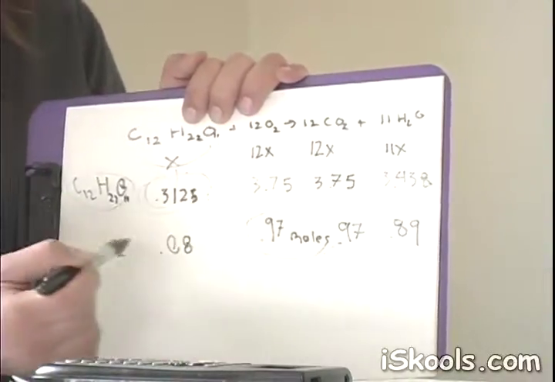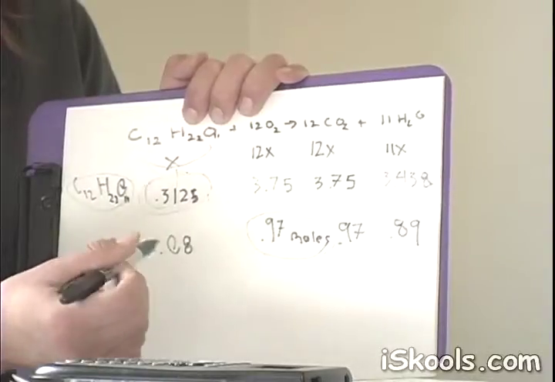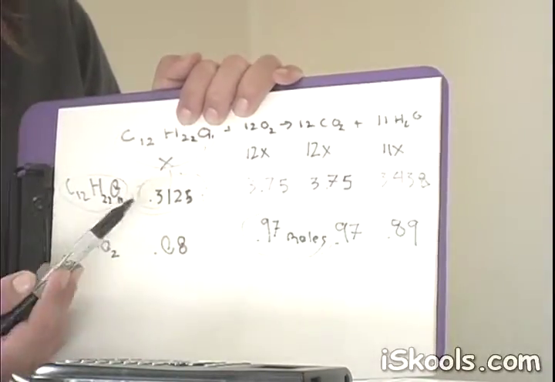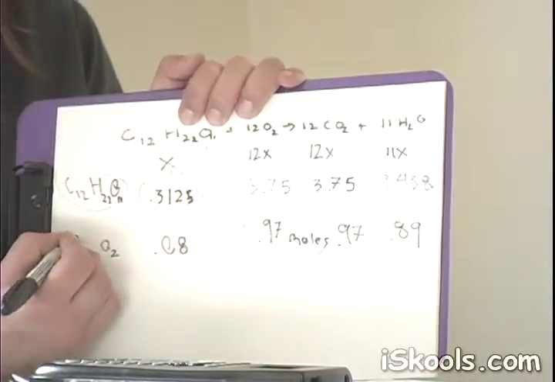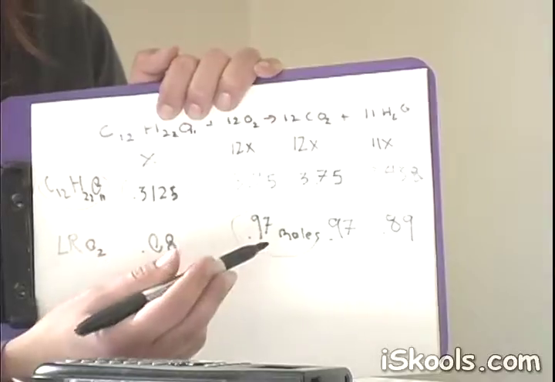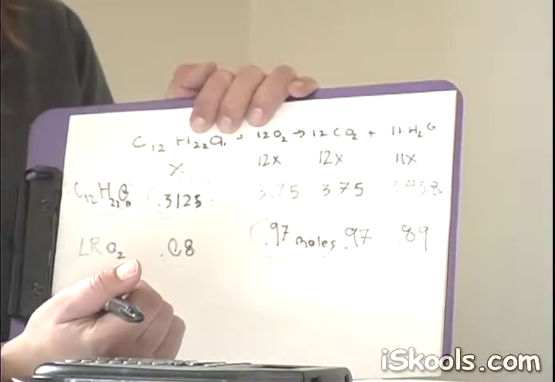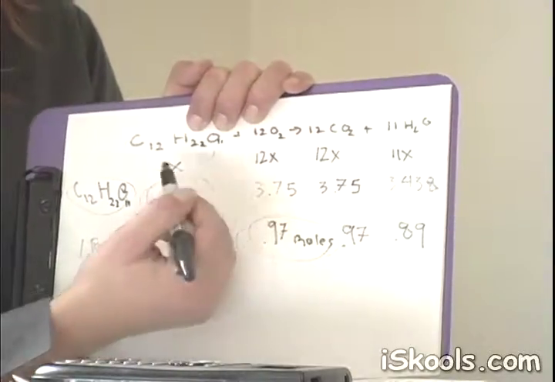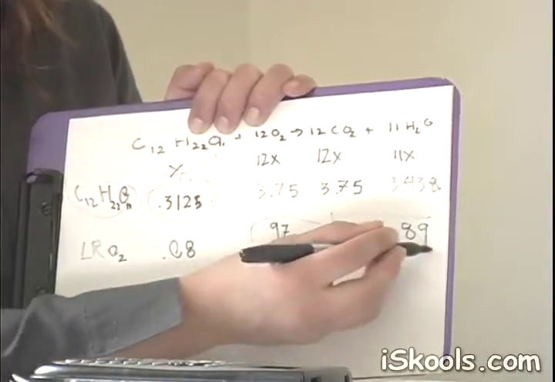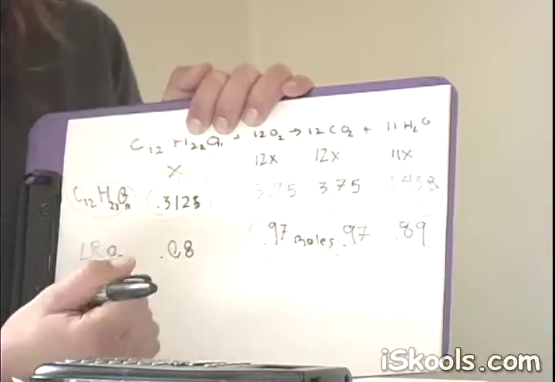This clearly has the lower number of values all across the board. 0.08 is lower than 0.3125, so then you can label this as your limiting reactant. It's limiting the amount of product that you can have, while the other substance would be in excess. So this would indicate the number of moles of product that will be obtained. So that's all I have to show for chemistry.